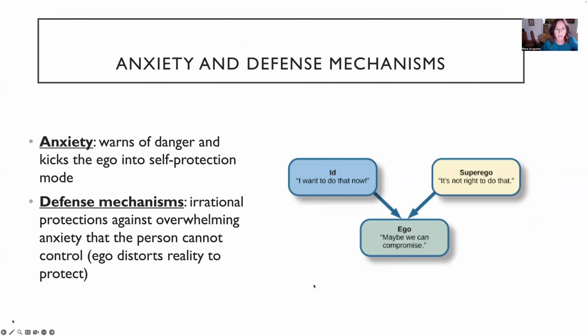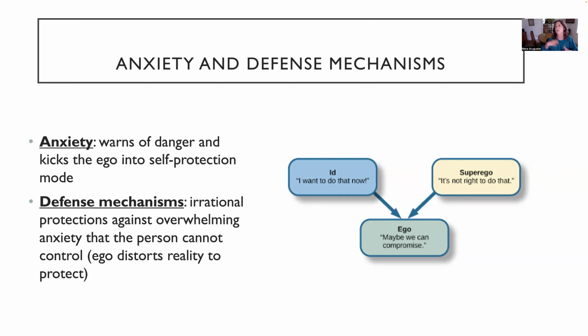Okay, couple more concepts. So now that you know about the ego, we're going to just deal a little bit with the ego and anxiety and defense mechanisms. So anxiety under psychoanalytic theory is very similar to how you would imagine anxiety to be in our everyday language. Anxiety warns us of danger.